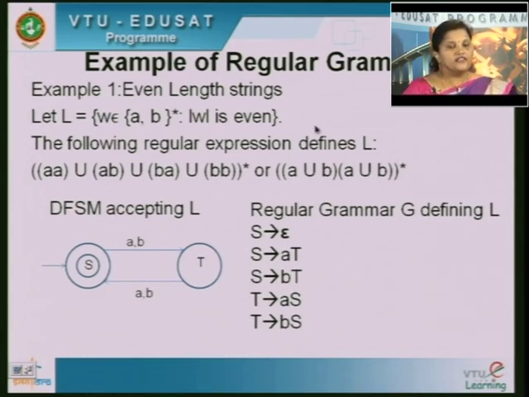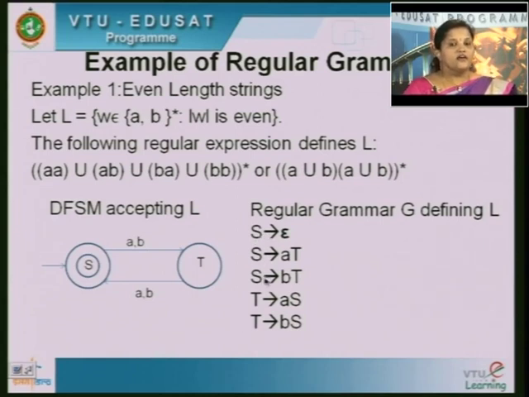Here obviously Σ is {a, b}, because all strings are derived from this alphabet. The set of symbols consists of capital S, T, these two, and also the terminals a and b. Now S is the start symbol, and then you should write the rules also.